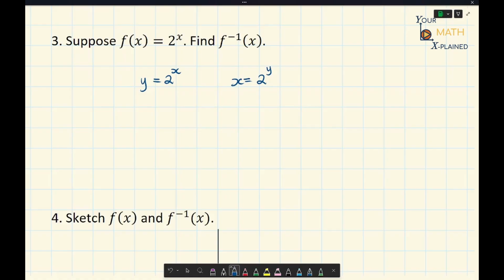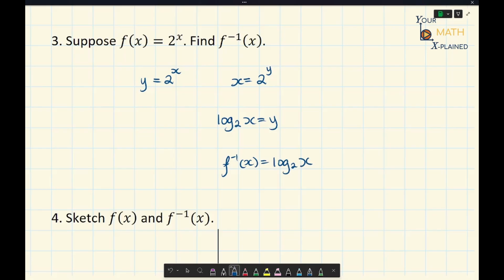And now we're going to use the definition from above to convert this into a log equation. So this would give us log base 2 of x is equal to y. And the last step is to replace y with the f inverse of x. So our inverse function is going to be log base 2 of x.